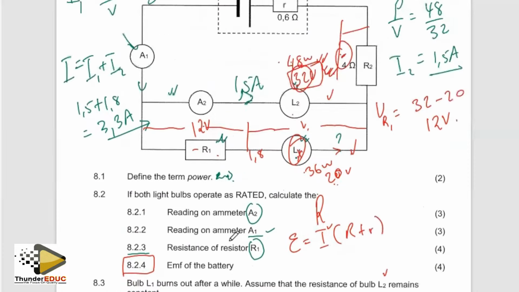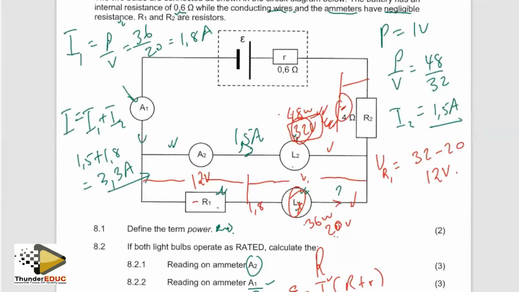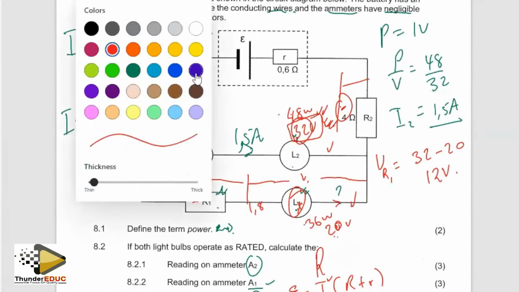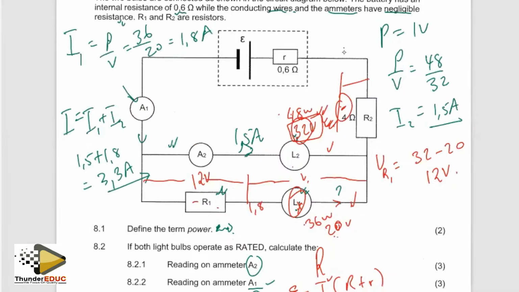Before we get to the calculation part, let's understand what happens when there's a burnout, especially with a parallel. If this burns out, there's no more current passing through this route. So all the 3.3 amps will be channeled through this route, meaning that the 4 ohm and the bulb are going to be in series.